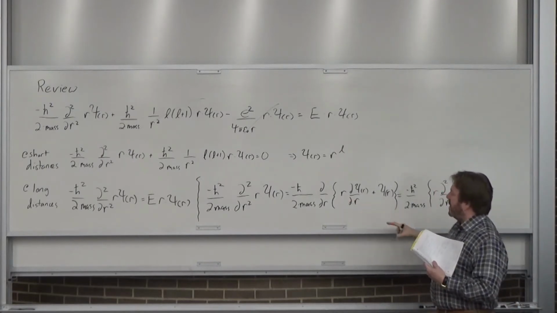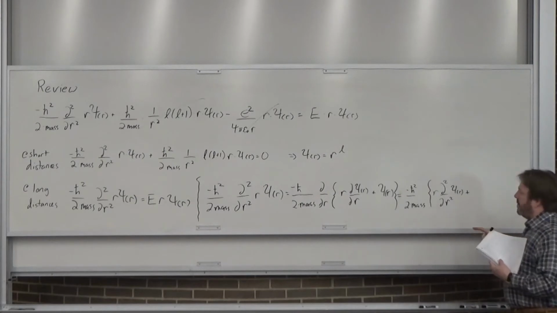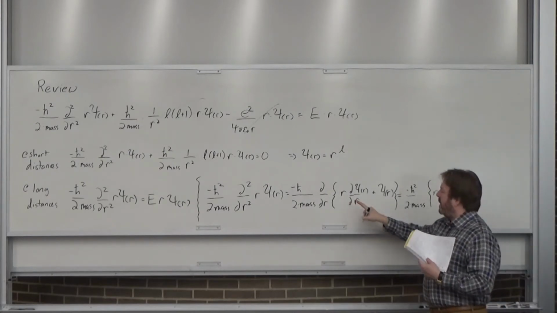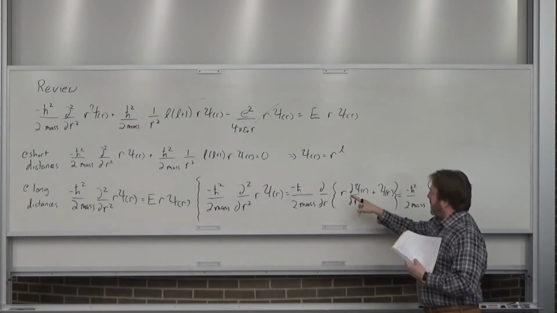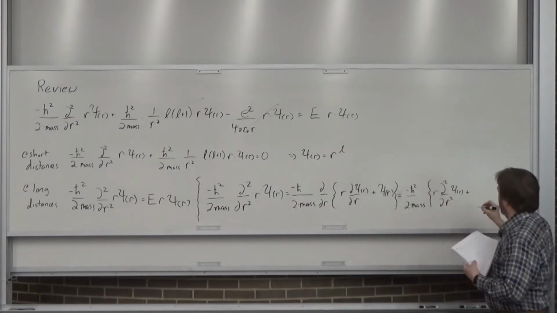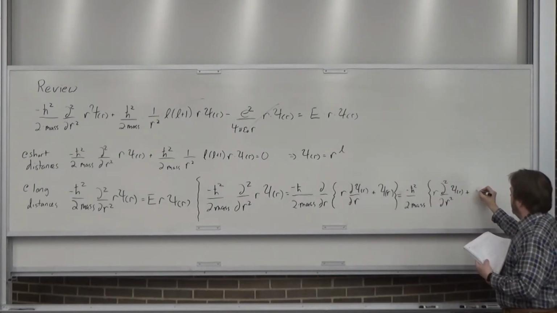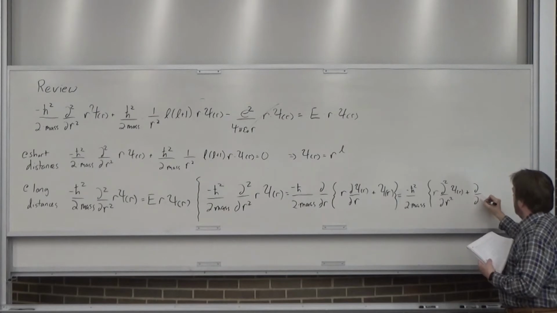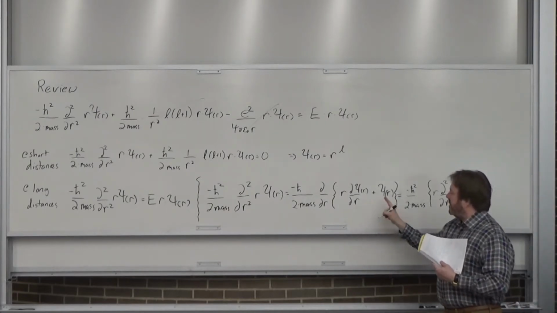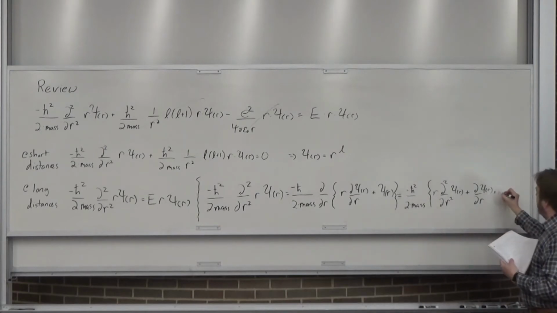So here I have two functions. So I do the derivative, I leave that one, I do the derivative of that, then I do the derivative of that, and leave that alone. So I've got the derivative of the wave function, that's the second term of this one, and then that is actually very simple, that's just the derivative of the wave function.